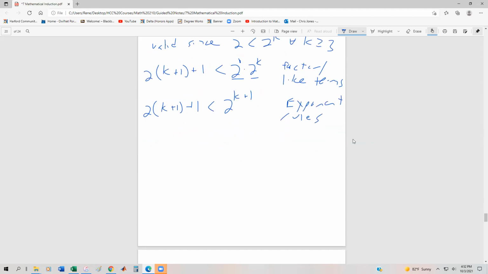So finally, by the basis and inductive steps, the original statement is true, or in this case, the original inequality.